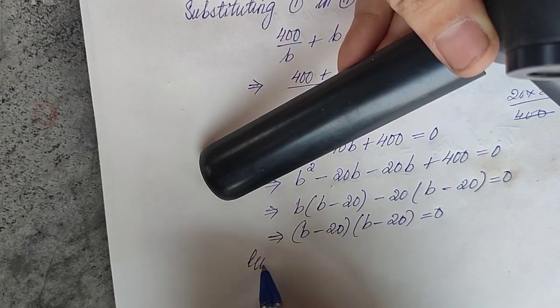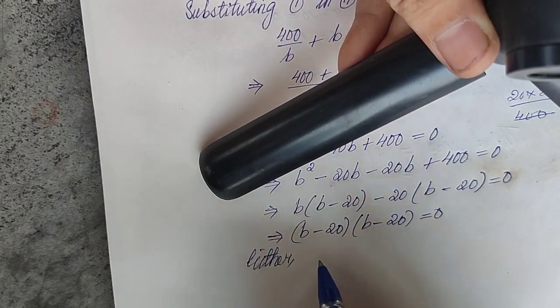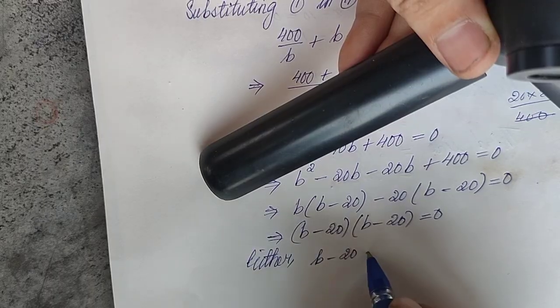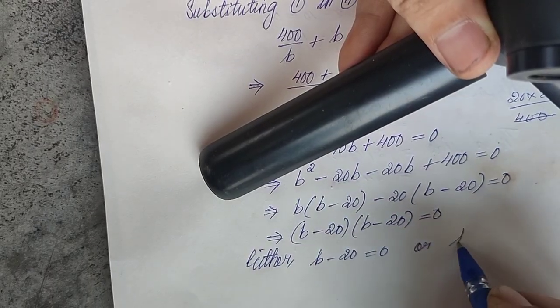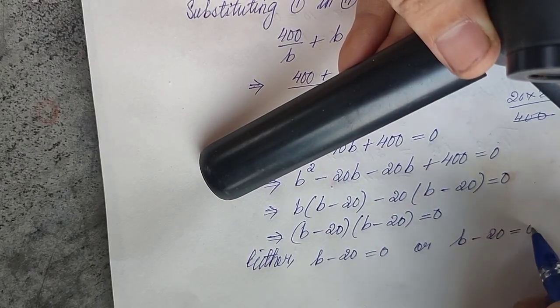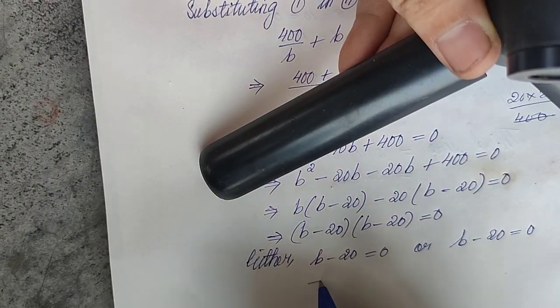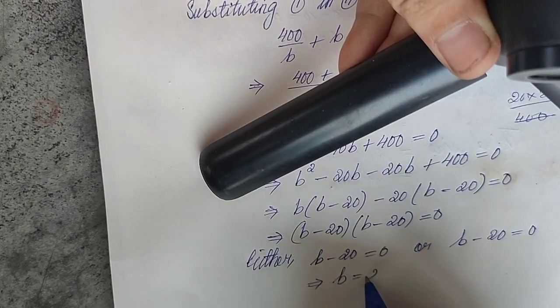Either B minus 20 is equal to 0 or B minus 20 is equal to 0. So B is equal to 20.